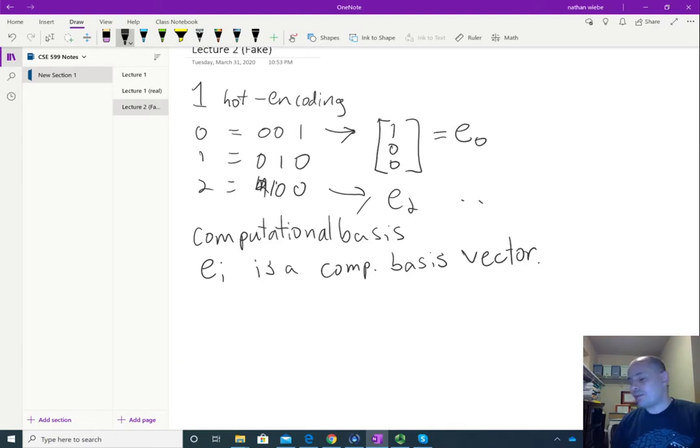So that's basically that. Now that we have this, we can begin to think about operations in an entirely different way.